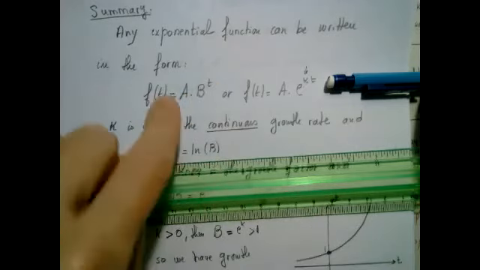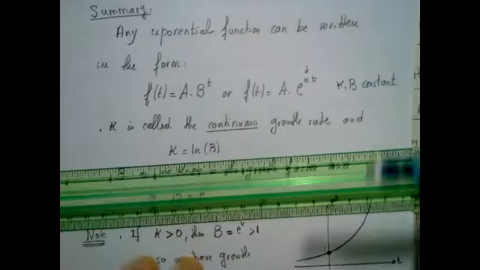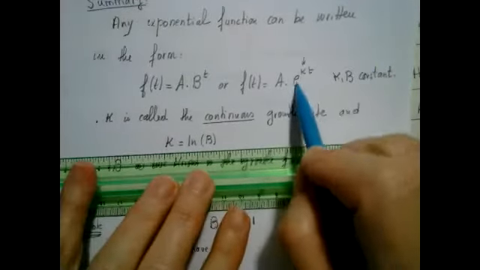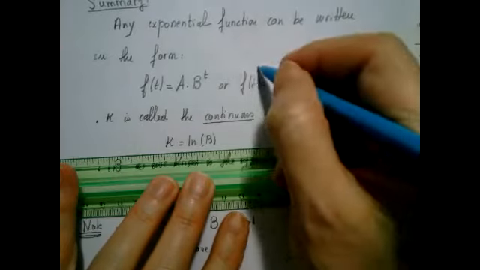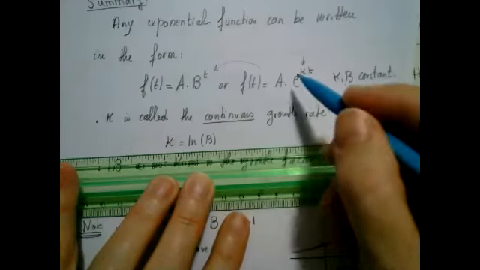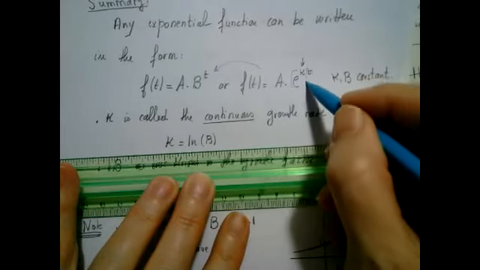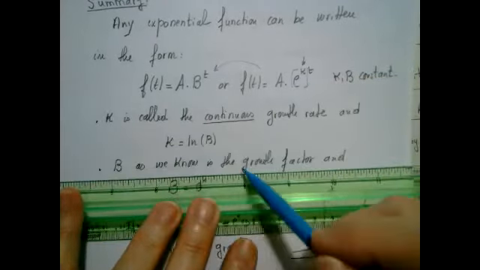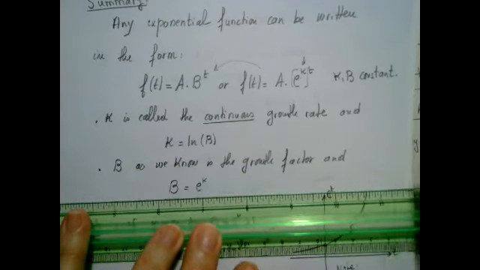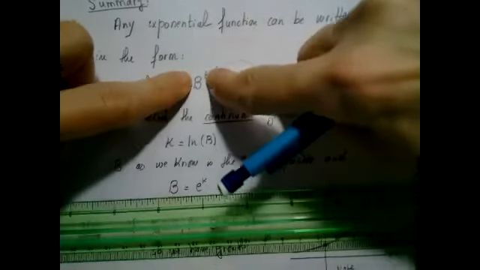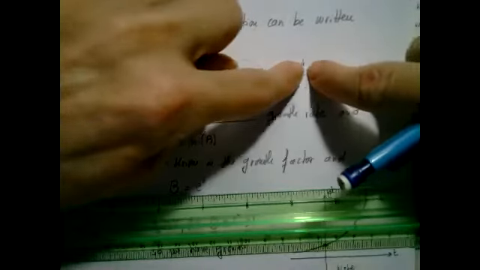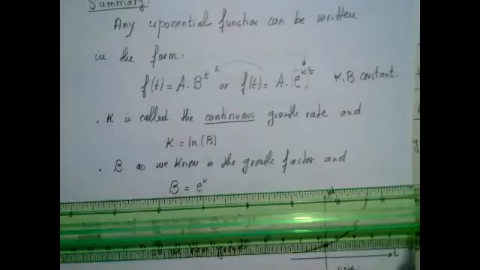The k is the ln of b and is called the continuous growth rate. Now, vice versa. If a function is written to you in this form, I can rewrite it in that form. And what's the b? The b is e to the k. So b, that we call the growth factor, is equal to e to the k. Okay, so this is the relationship. So if I know b, I know k, it's the ln of b. If I know k, I know b, it's e to the k.